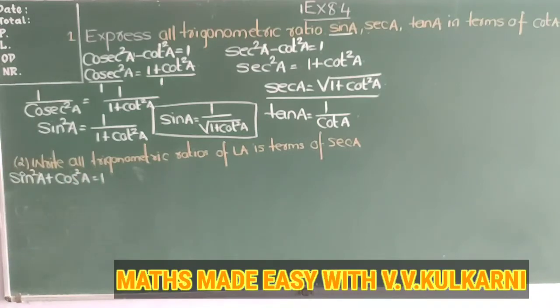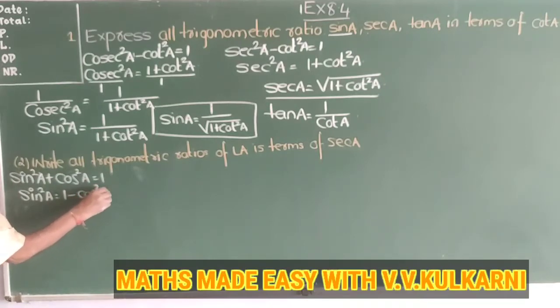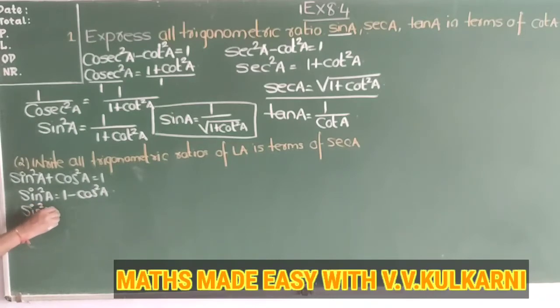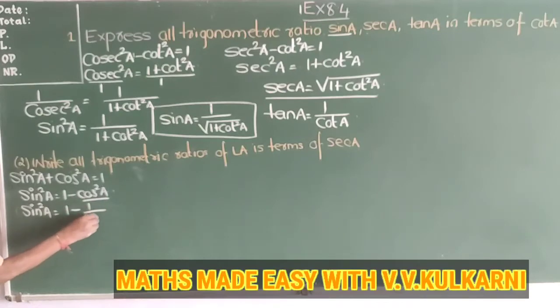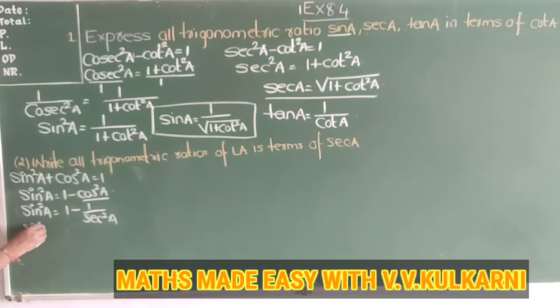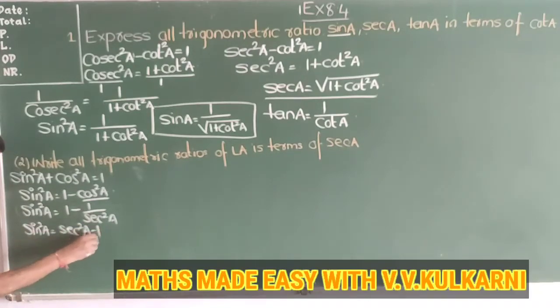Now what we can do here is, I can write this as sin square A is equal to 1 minus cos square A. Now this can be written as sin square A is equal to 1 minus, this cos is nothing but the reciprocal of sec. So sin square A is equal to secant square A minus 1 divided by secant square A.